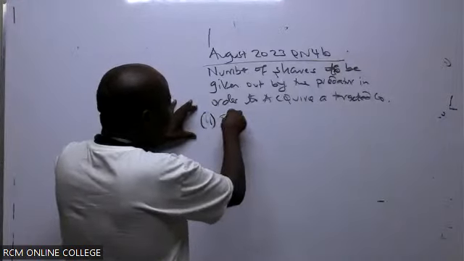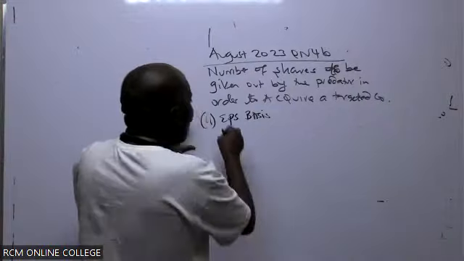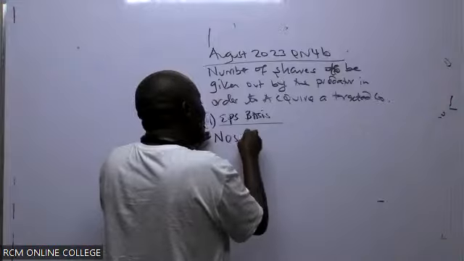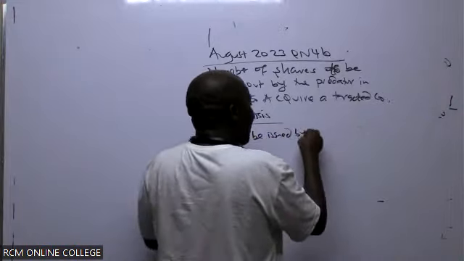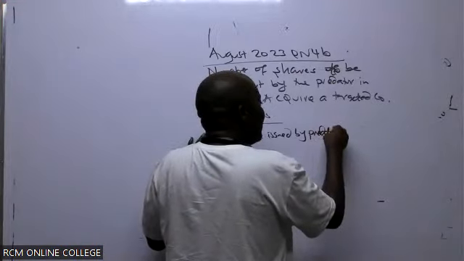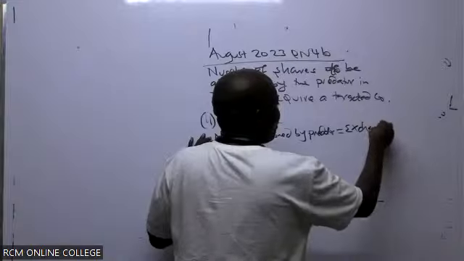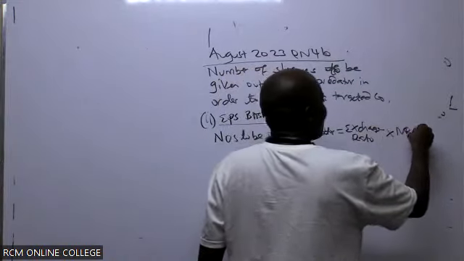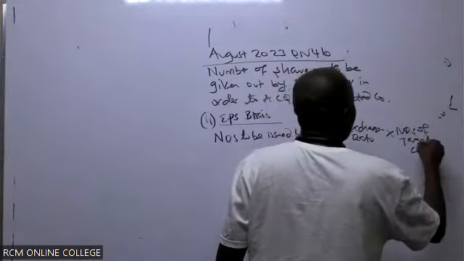Roman 2 is on EPS basis. So now how do I get the number of shares to be issued by the predator? This is very easy. We'll take the exchange ratio times NOS of the target company.